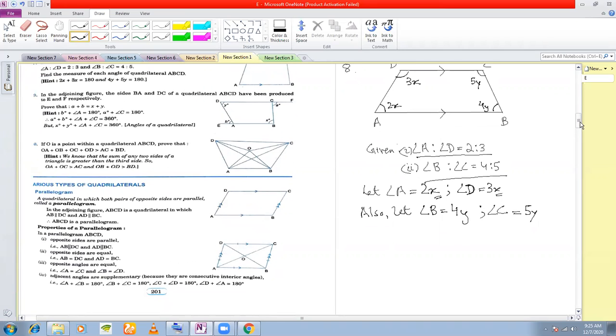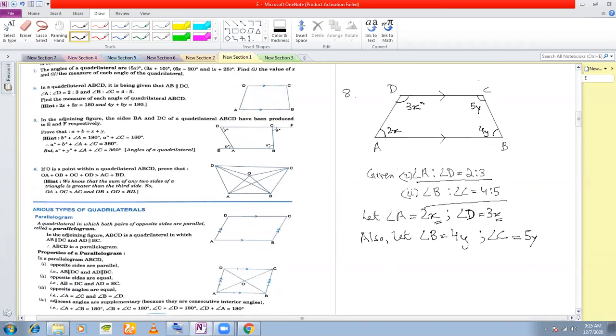Okay. Now what do you see is that these two angles, angle A and angle D, what kind of angles are these? If these two straight lines are parallel, what kind of angles are these? These are co-interior angles, right? Do you remember co-interior angles or not?